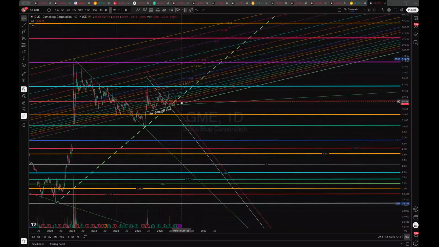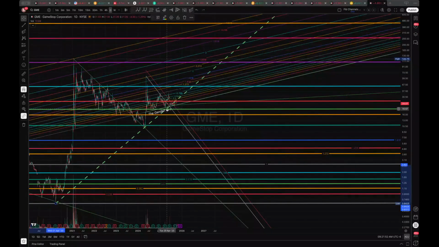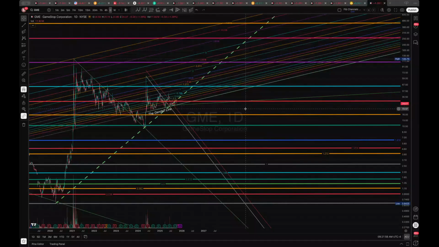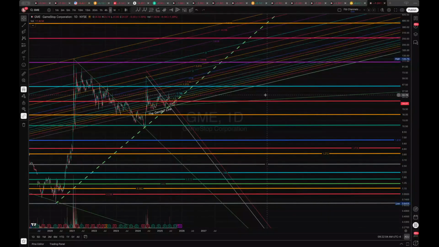So the 2.618 is about where it is right now. The 2.414 is what it's above. And this sort of cyan colored line above it is the 3. And on my other chart, I have a white line called Call Me Warren Buffett at $32.